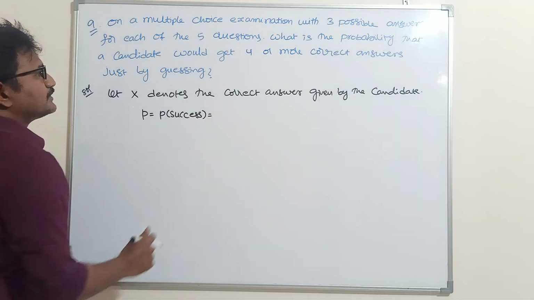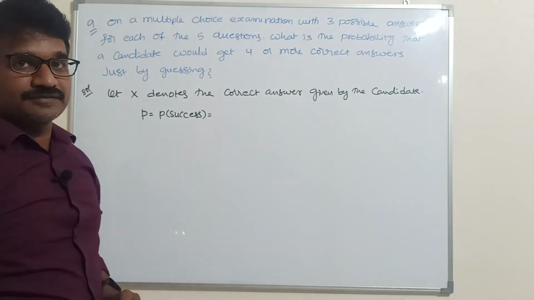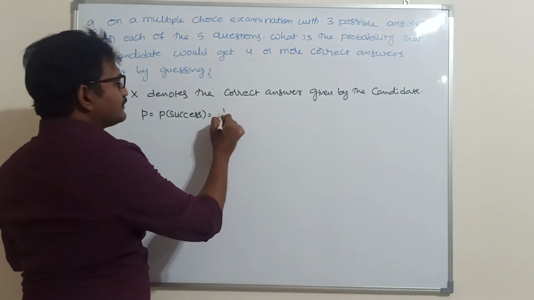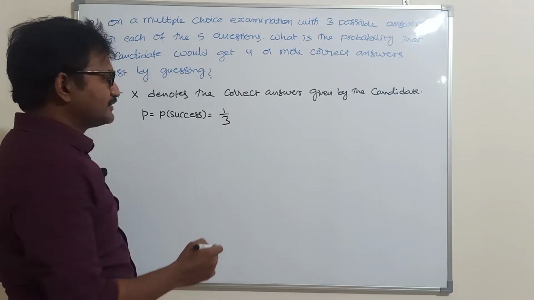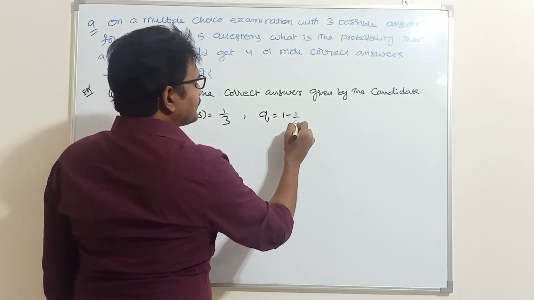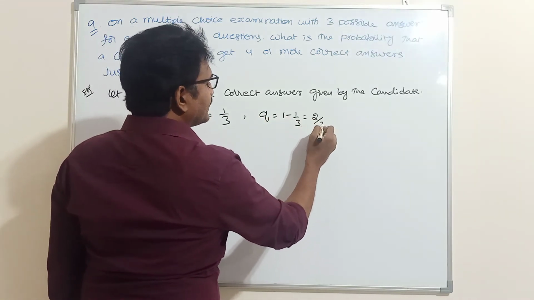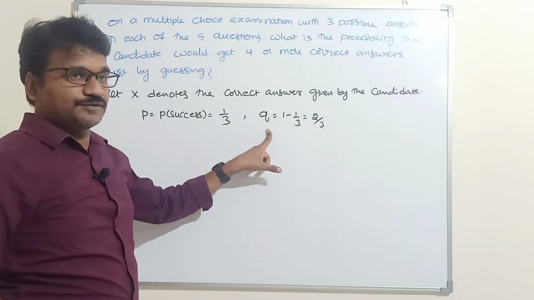What is success? Out of 3 options, one answer is correct, so P is 1 by 3. What is failure? Q is equal to 1 minus 1 by 3, which is 2 by 3. Out of 3 options, 2 options are wrong. So this is Q, failure.